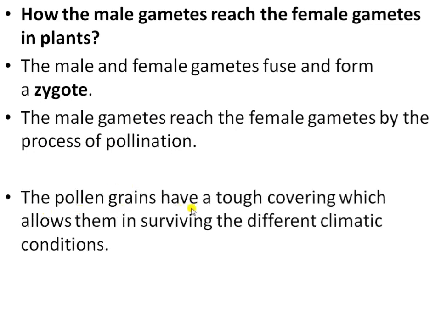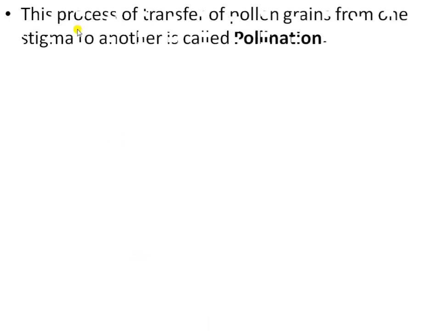The pollen grains have a tough covering which allows them to survive different climatic conditions. The transfer of pollen grains, the male gametes, from the anthers of a flower to the stigma of a flower is called pollination.